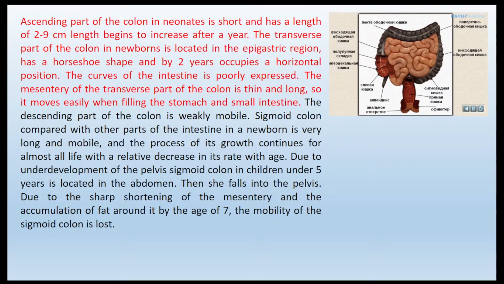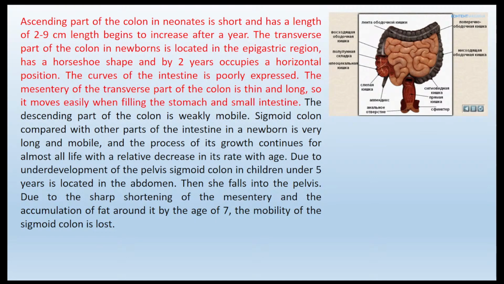The sigmoid colon, compared with other parts of the intestine in the newborn, is very long and mobile, and the process of its growth continues almost all of life with a relative decrease in its rate with age. Due to underdevelopment of the pelvis, the sigmoid colon in children under 5 years is located in the abdomen.